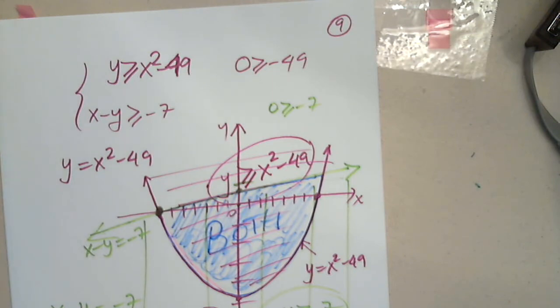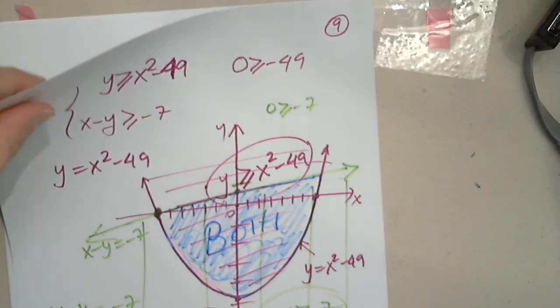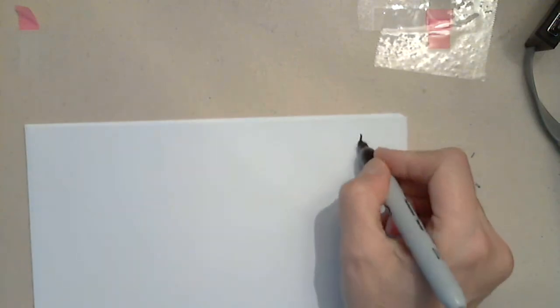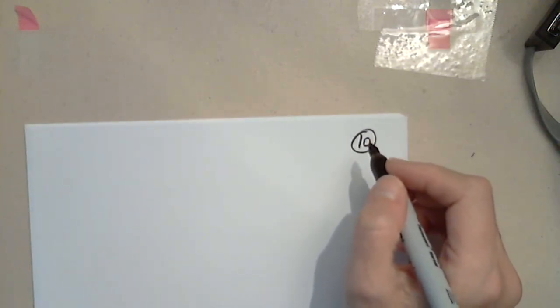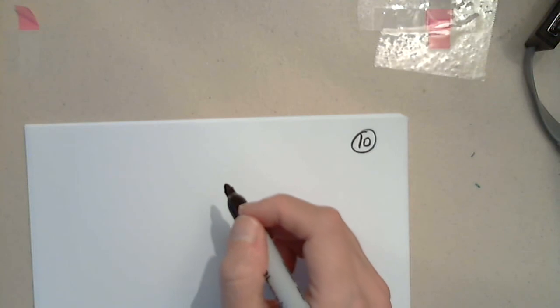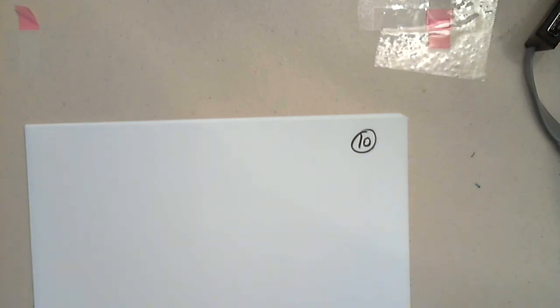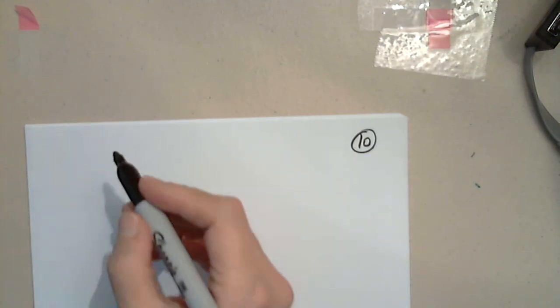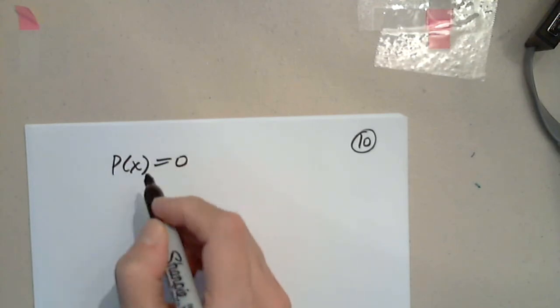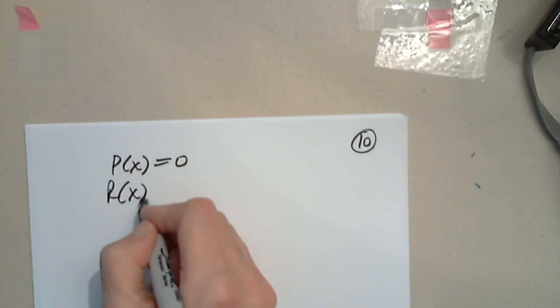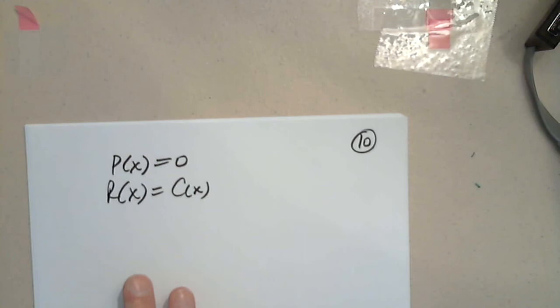Okay, so I see the cost and the revenue, and they're asking us for the break even, which means profit is 0. Profit is 0 when the revenue equals the cost.